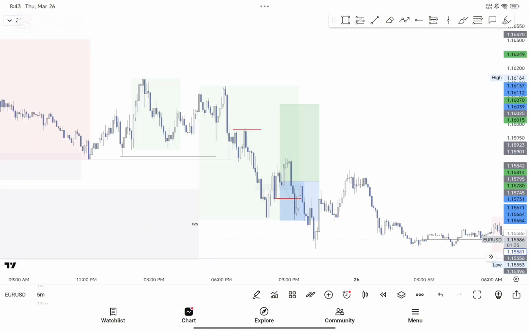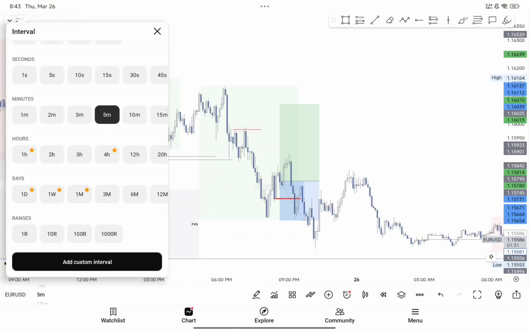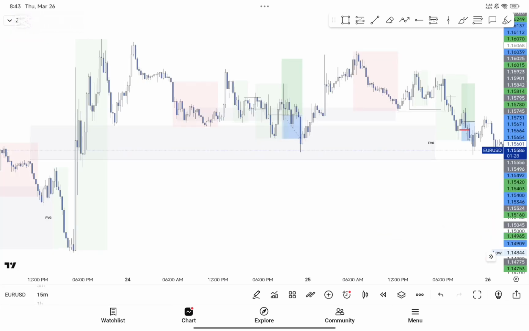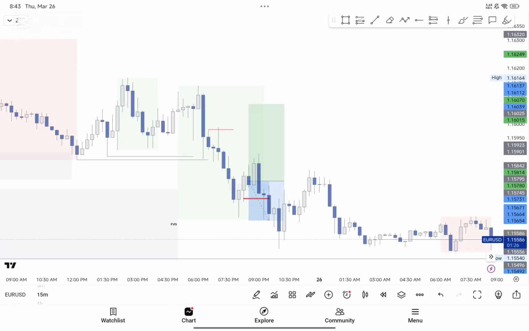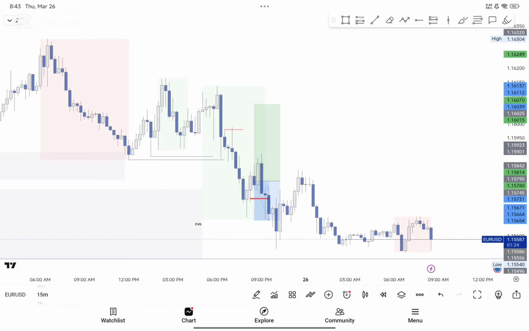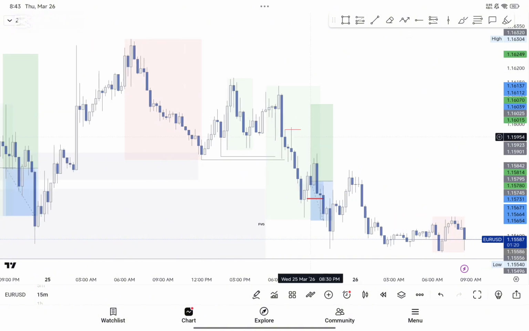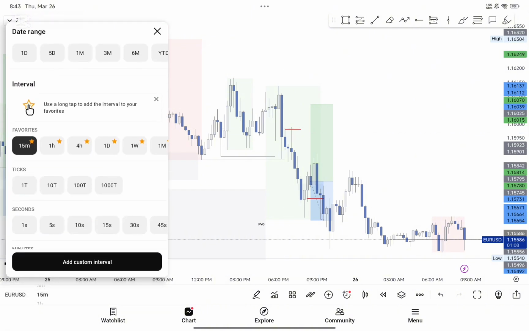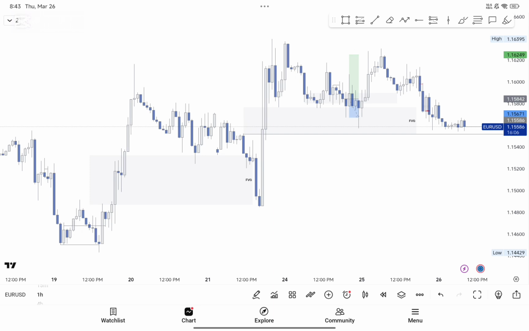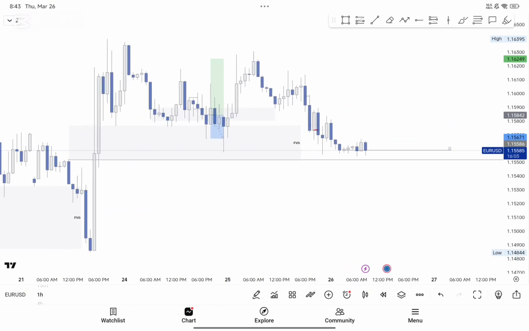So yeah, yesterday my bias was bullish, but the market had different plans. It just created this sweep of liquidity and then shifted the market structure below, then respected the fair value gap, but the problem is that I wasn't looking at the higher time frame storytelling.